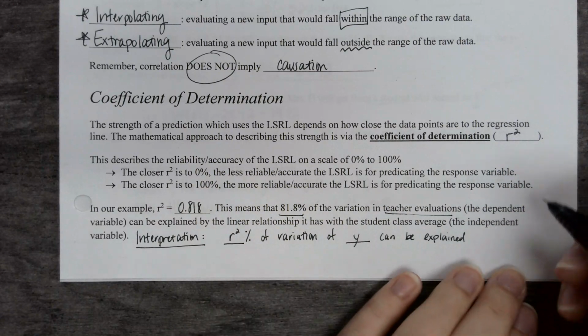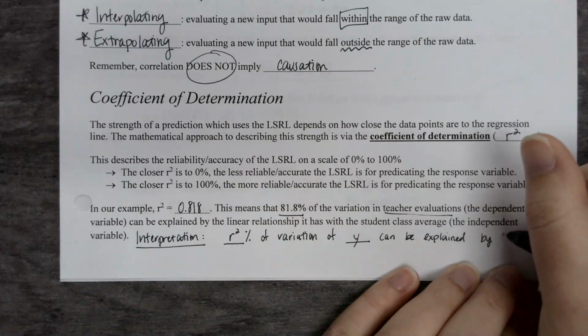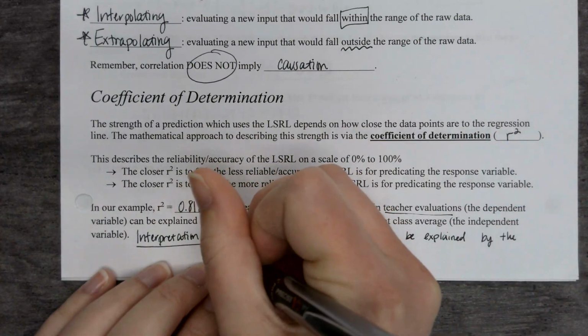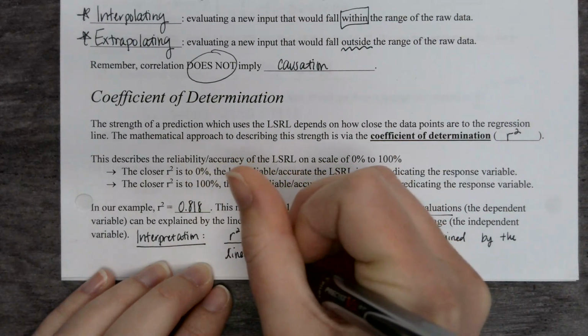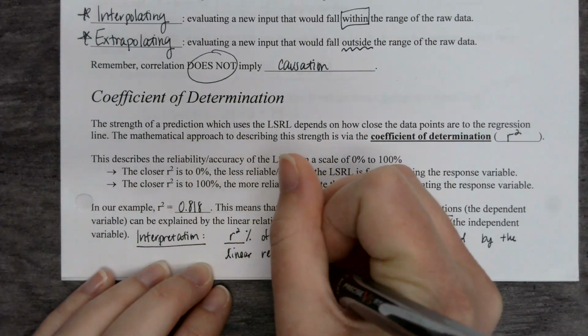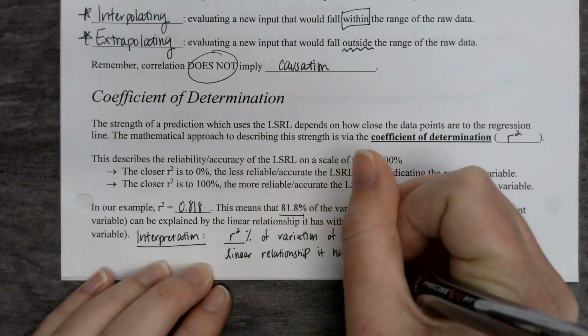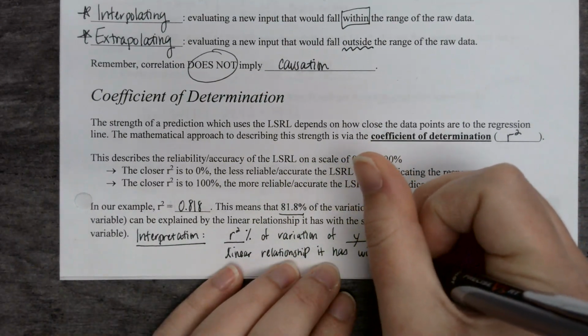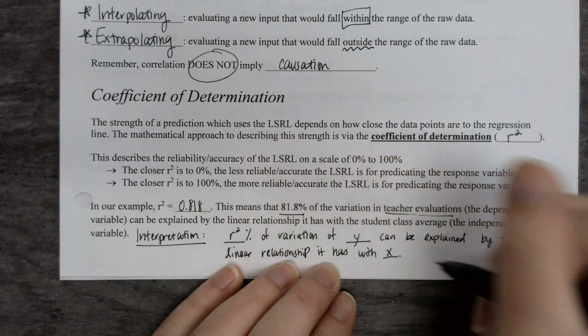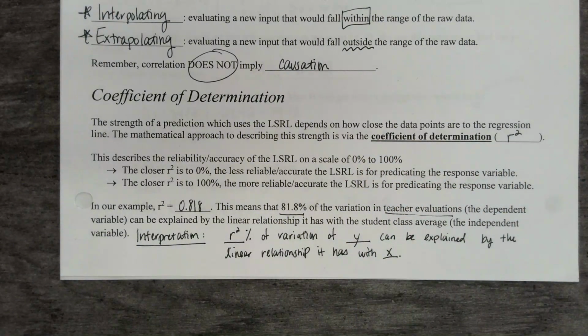And it's important to note that this is by the linear relationship it has with whatever your X variable is, or your explanatory.